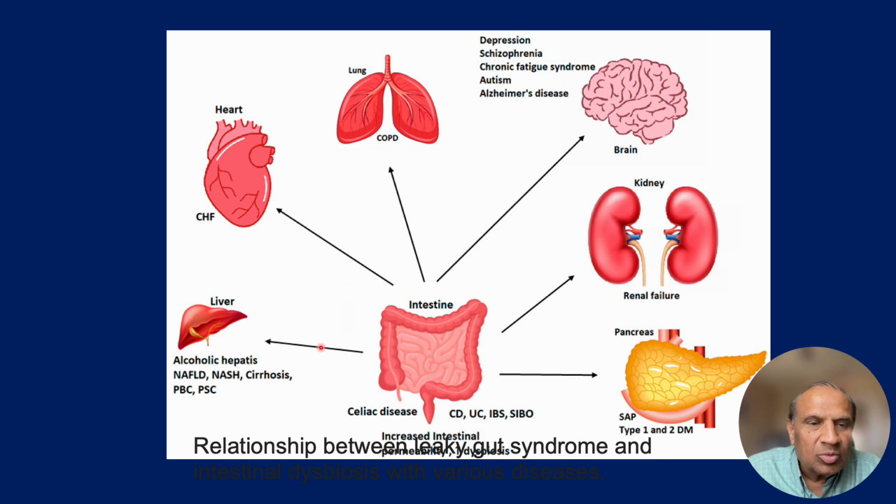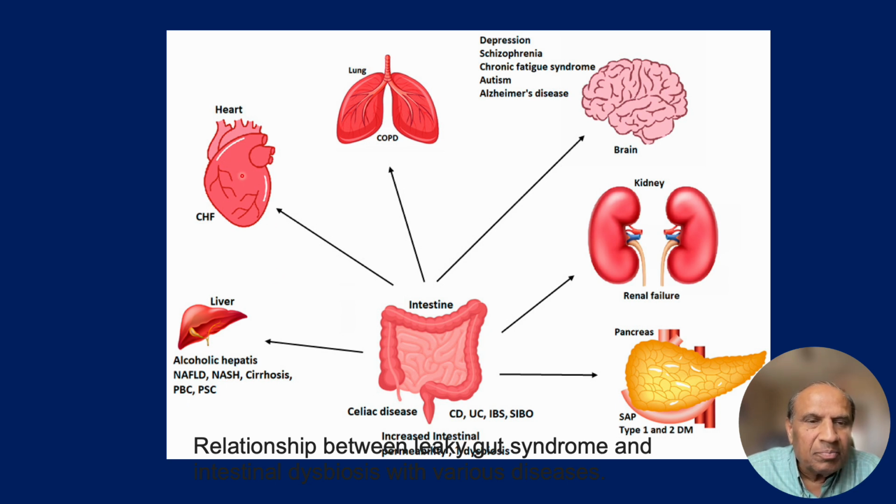This will also lead to some diseases in the liver, which may be alcoholic hepatitis, non-alcoholic fatty liver disease, now called metabolic associated hepatic disorder, cirrhosis of the liver, primary biliary cirrhosis, or primary sclerosing cholangitis.